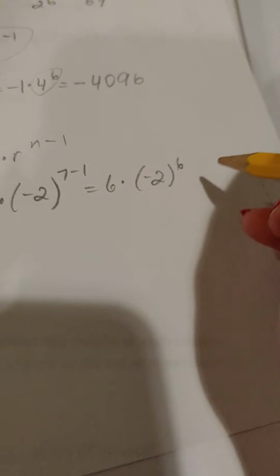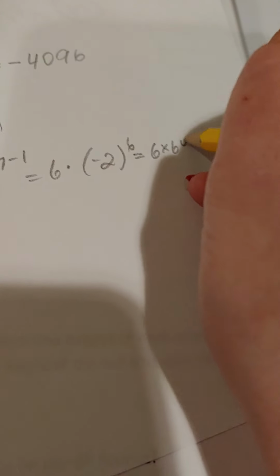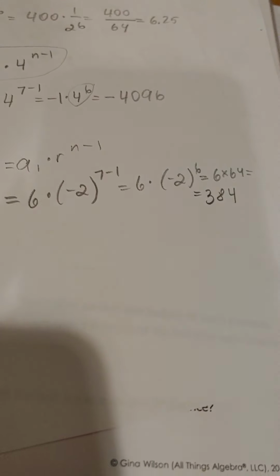So 6 times -2 to the 6th power, we do know what it is. It is 64. So 6 times 64 is 384. So this is my answer. This is my 7th term.